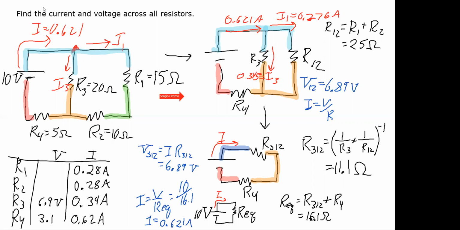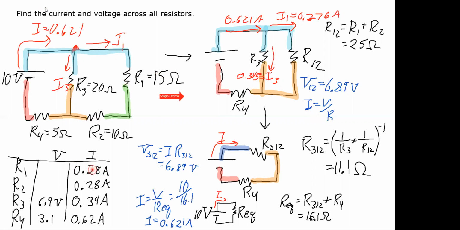Pretty much that's it. I have enough now to do a simple calculation to figure out these voltages. I have my current through R1 and my resistance, and I can just use Ohm's law to find the voltage.